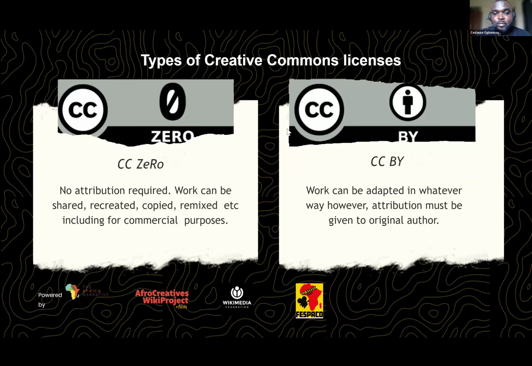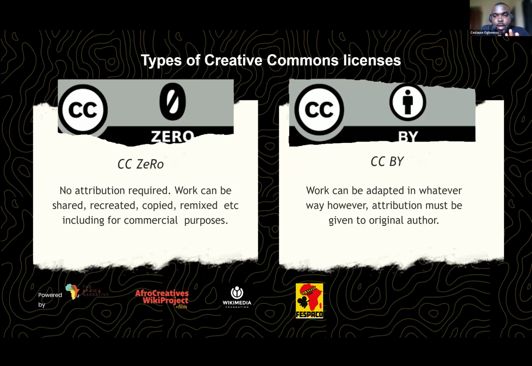So what are the types of Creative Commons licenses that we have? The first is CC0. You can represent it with the CC in the circle and a 0 sign. When you see this type of Creative Commons license under any work, it means the owner wants you to use the work without an attribution.